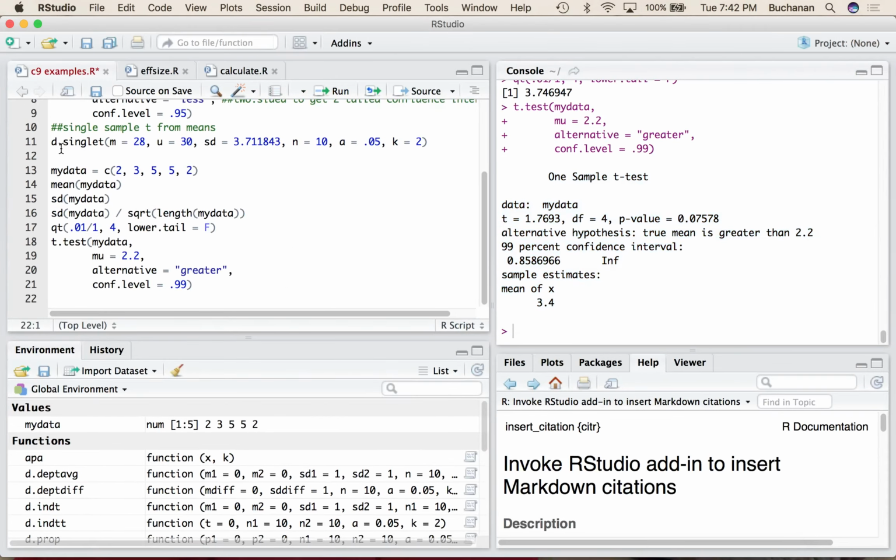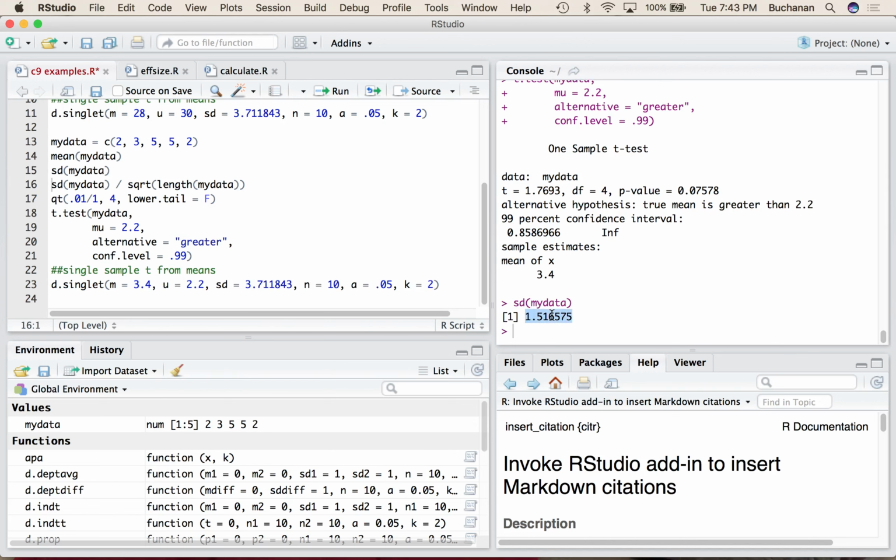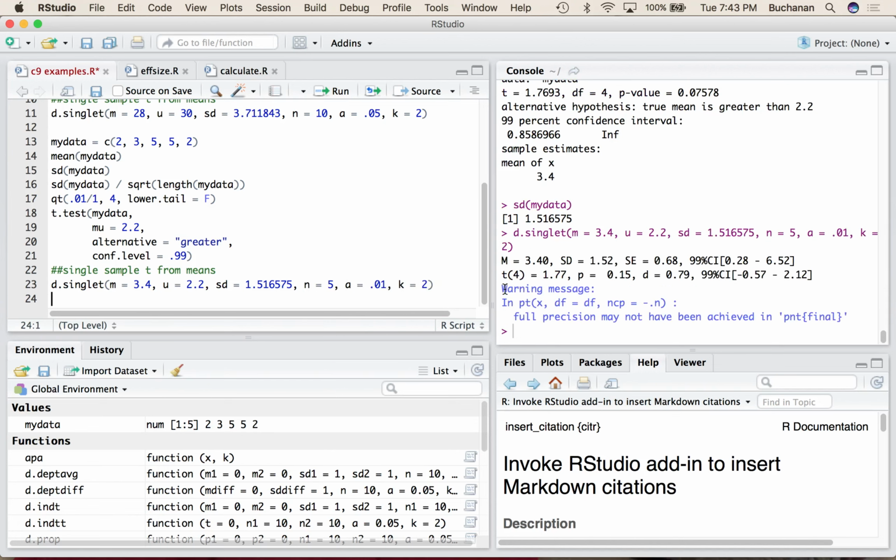To get my confidence interval, I think this little code is just a touch easier. So my single sample t, the mean here is 3.4 from our problem. Mu is 2.2. Standard deviation is this big long number. N here is 5. Alpha in this case is 0.01 because our p less than 0.01 here. And k is 2.